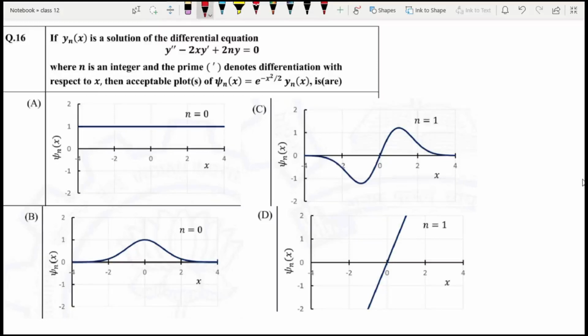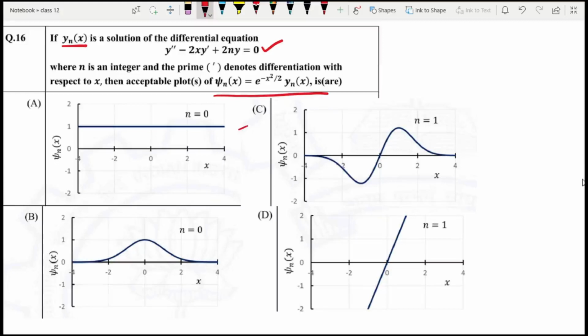In this question, they have given a differential equation and yn of x is a solution of this equation. And they have given a wave function psi n of x is equal to e power minus x square divided by 2 into yn of x. And they have asked us to find which among these four plots is a correct plot of psi n of x as a function of x for different values of n.